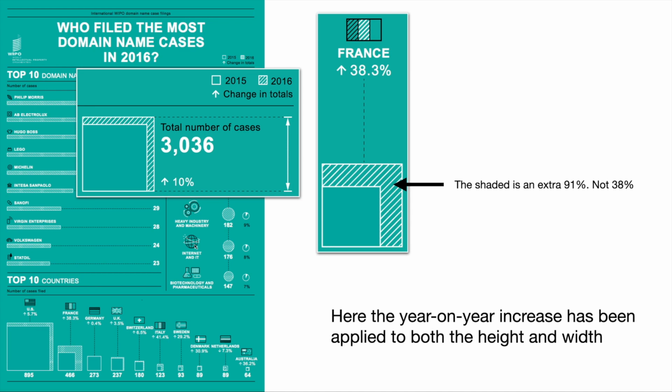That's not a 38% increase. That's a 91% increase. That's very, very deceptive. Because what's happened here is that the designer has increased the height by 38% and the width by 38%. But that's actually doubling up on the increase. And then some. So this is very deceptive.